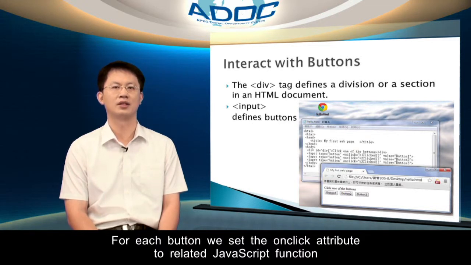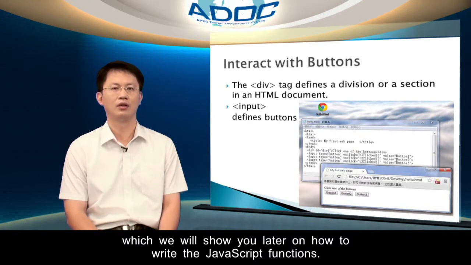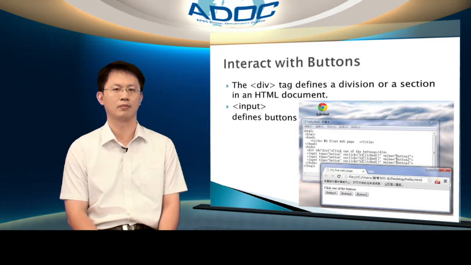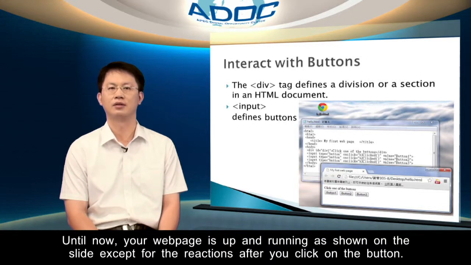For each button, we set the onClick attribute to a related JavaScript function, which we will show you later how to write. Until now, your web page is up and running as shown on the slide, except for the reactions after you click on the button.